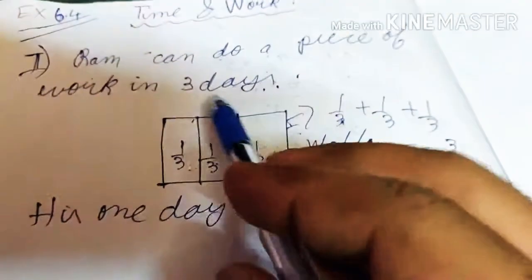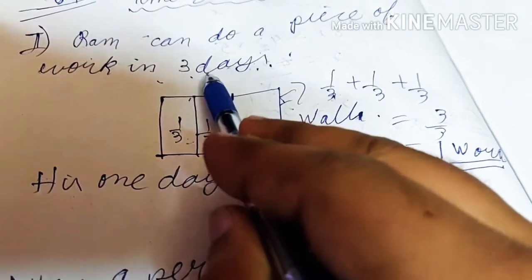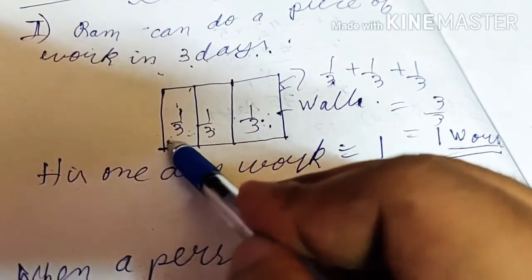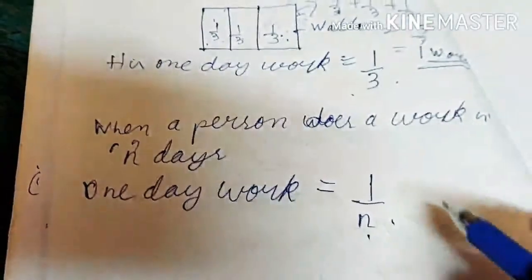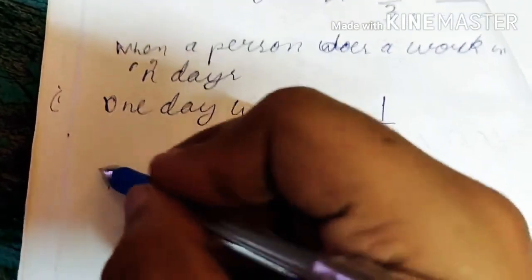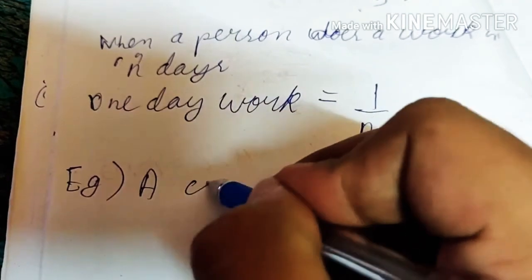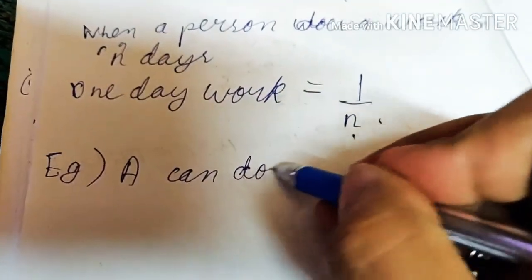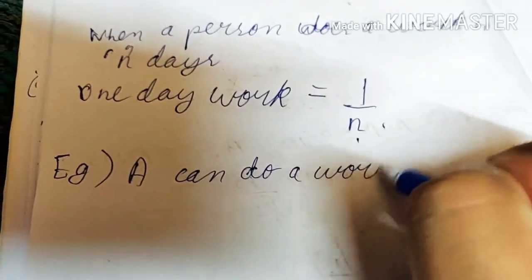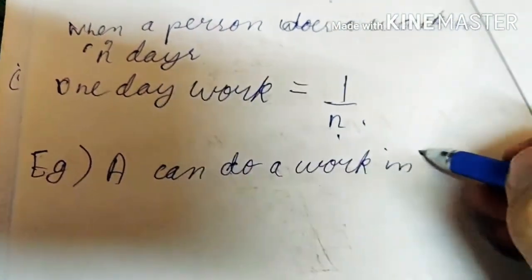Okay, like here he had to do the work in 3 days. So on first day he did 1/3. In the same way, A is a person who can do a work in 7 days.